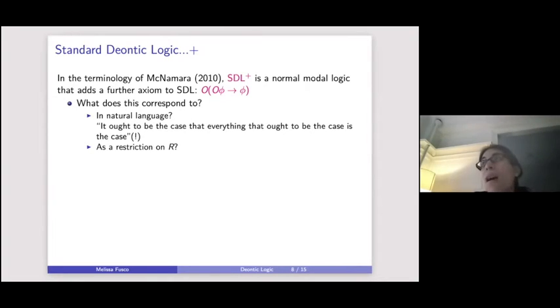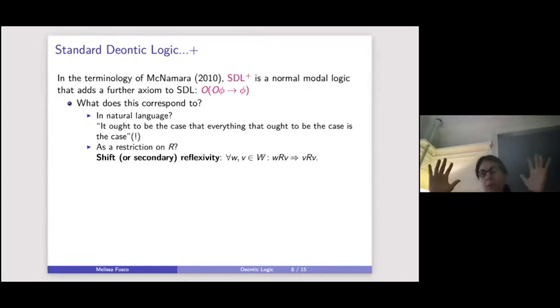As a restriction on R in frames, this corresponds to a property that's sometimes called shift or secondary reflexivity. So what it says is that for any two worlds, W and V, if W sees V as deontically ideal, then V sees itself as deontically ideal.